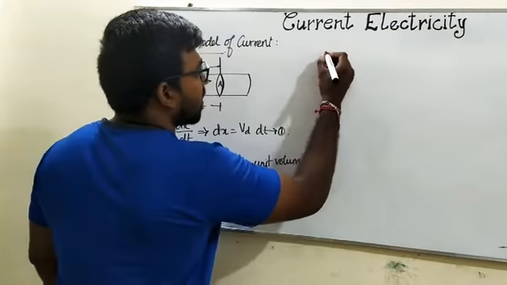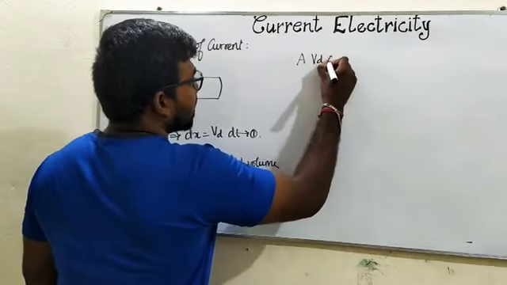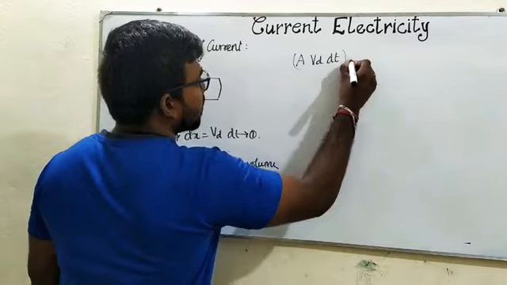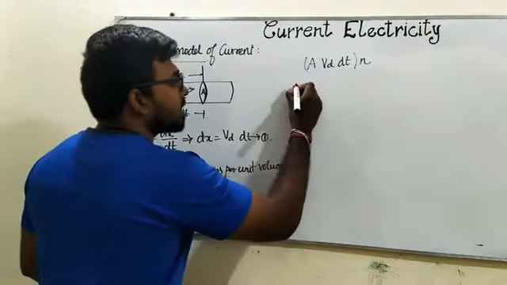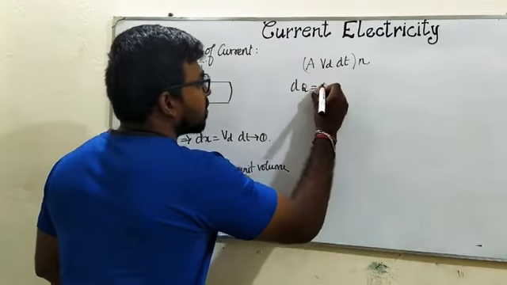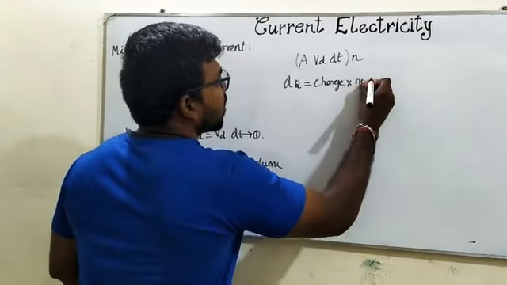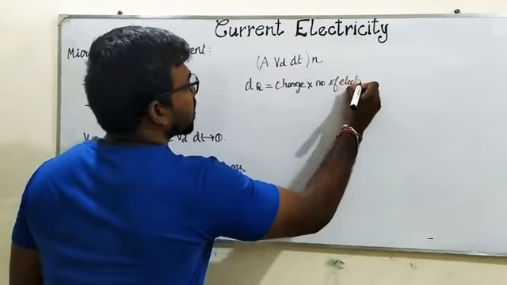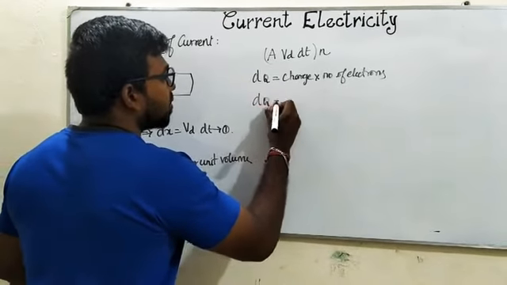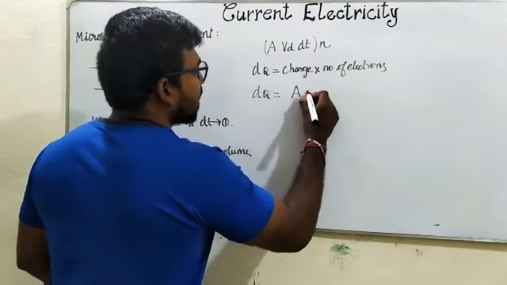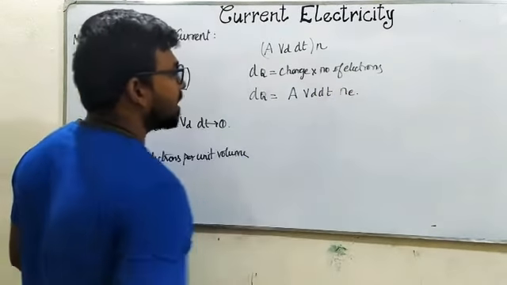Substituting for dx, we can write A Vd dt into n. The total charge in the volume can be written as dq is equal to charge into number of electrons in the volume. So dq can be written as A Vd dt into ne.